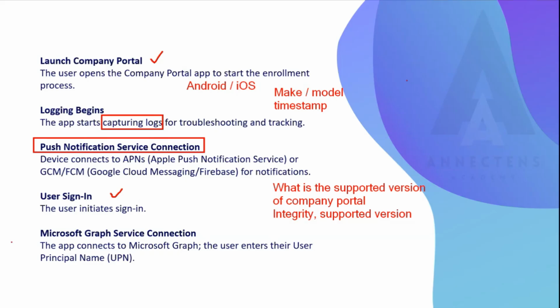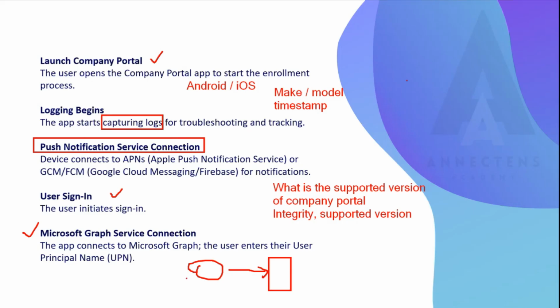Now next, it is coming to Microsoft Graph API, the Microsoft Graph Service Connection Point. As soon as the sign in happens, the user gets the Company Portal and is prompted with the sign in page. The Company Portal connects to the Graph API, and that is how it will connect to Intune services.